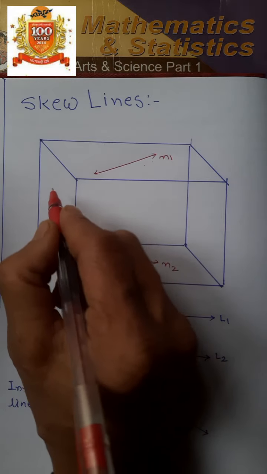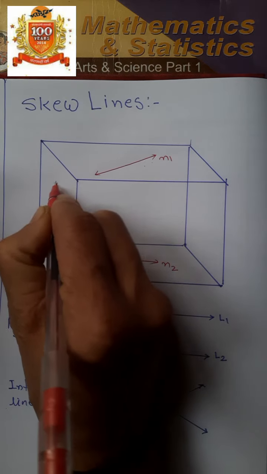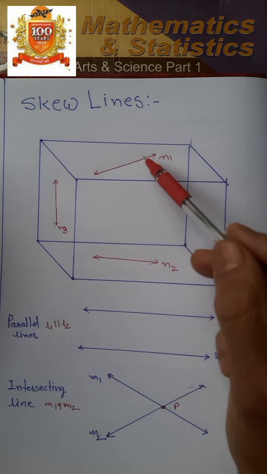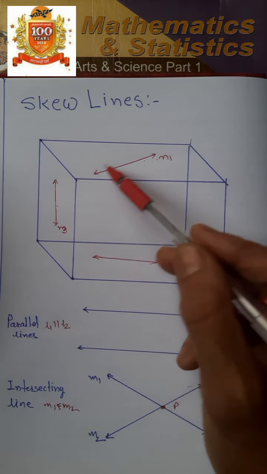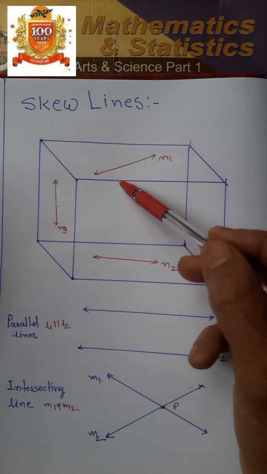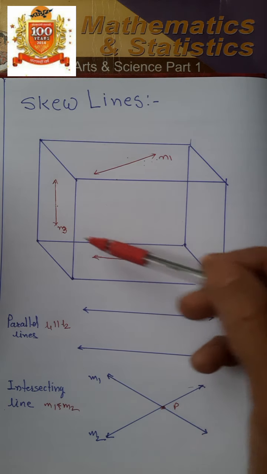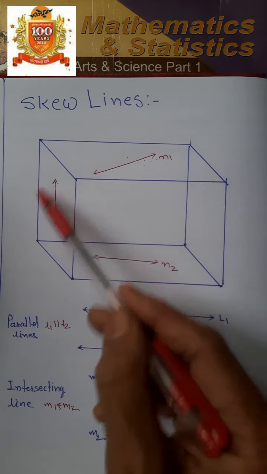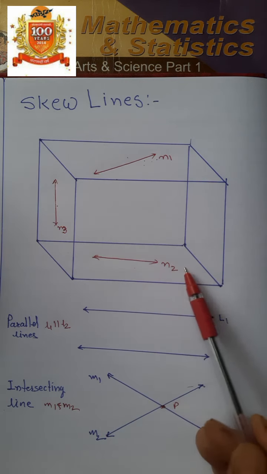Suppose we consider another line, this is N3. Then N1 and N3 are also called skew lines because they lie in different planes and they do not intersect each other. Similarly, N3 and N2 are also skew lines because N3 lies in this plane and N2 lies in this plane. They never intersect each other.